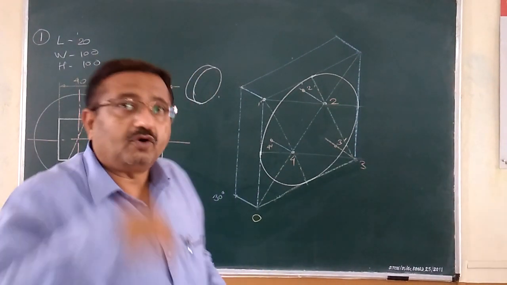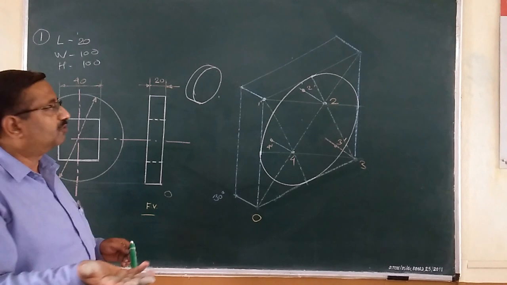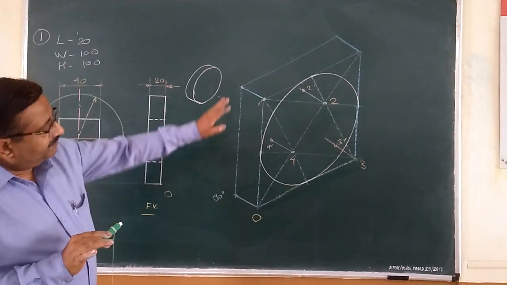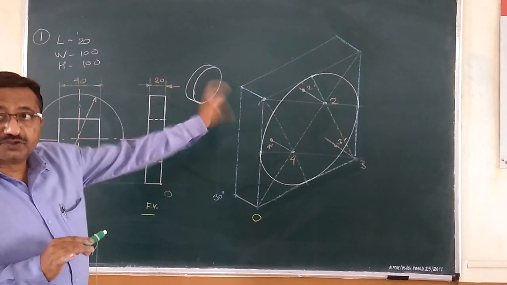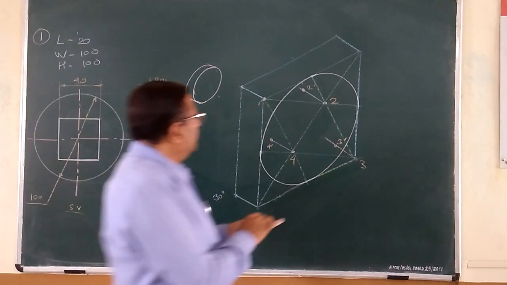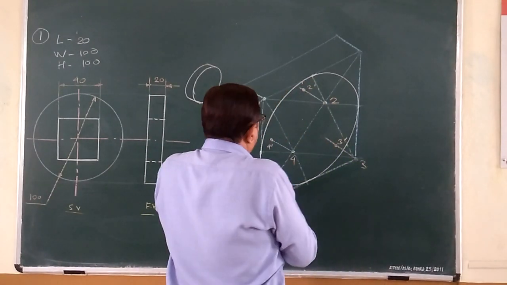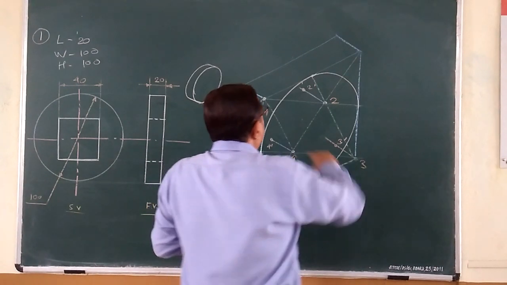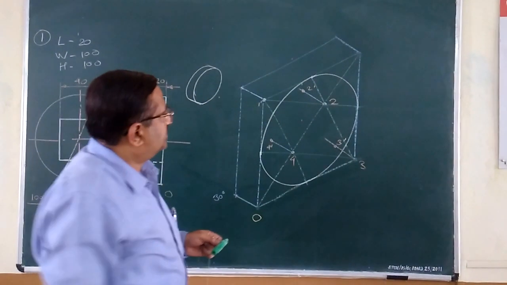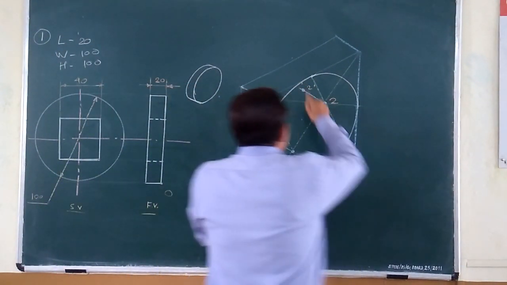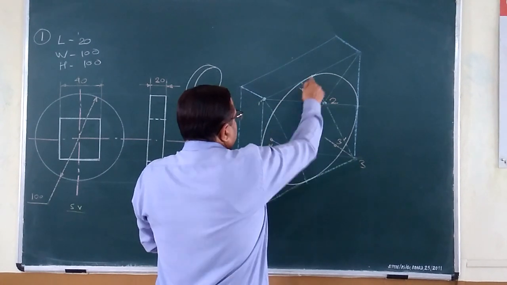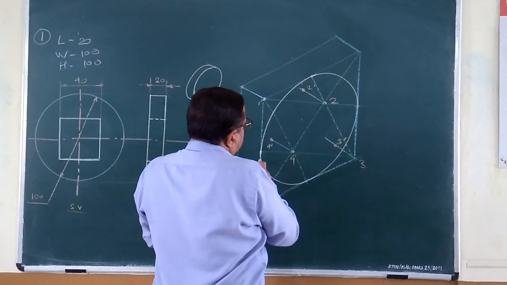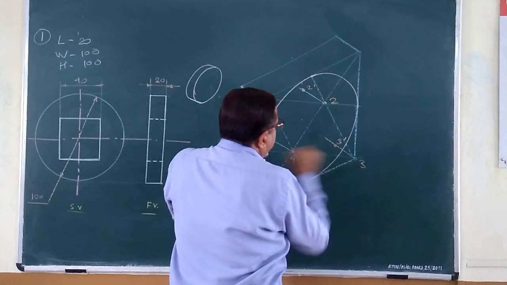Now we have to pick the old radii in the compass, and from the new centers the same curvatures you have to continue. Just see here. Now with 4 as a center, I will start the construction of this big ellipse. This curvature has been constructed by using 3 as a center.